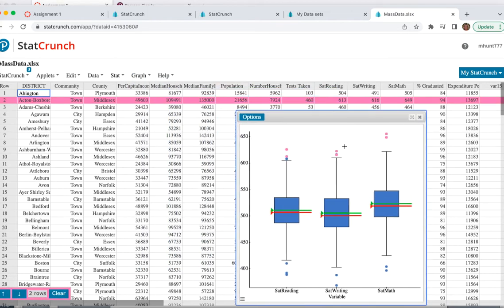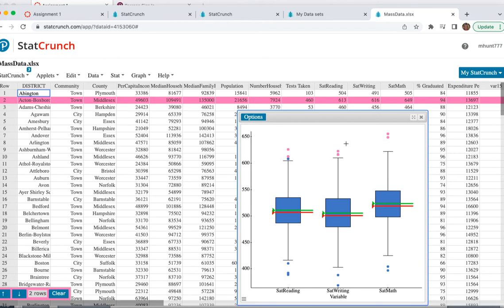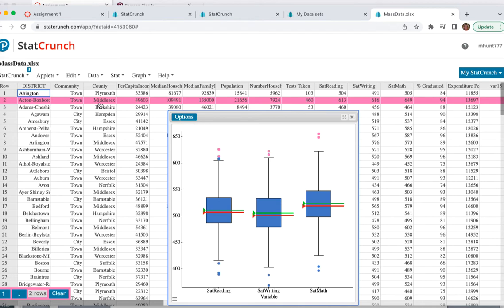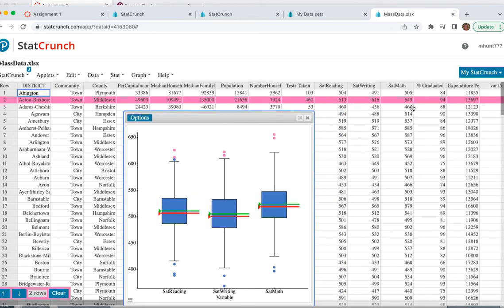And what do I see? I see Acton and Boxborough is a high outlier, that it is a town, and that the SAT math was 649. So I would jot that down. What's the other high outlier?